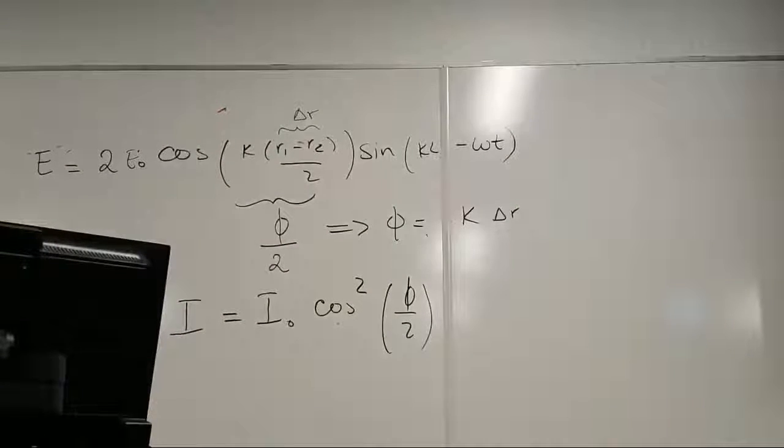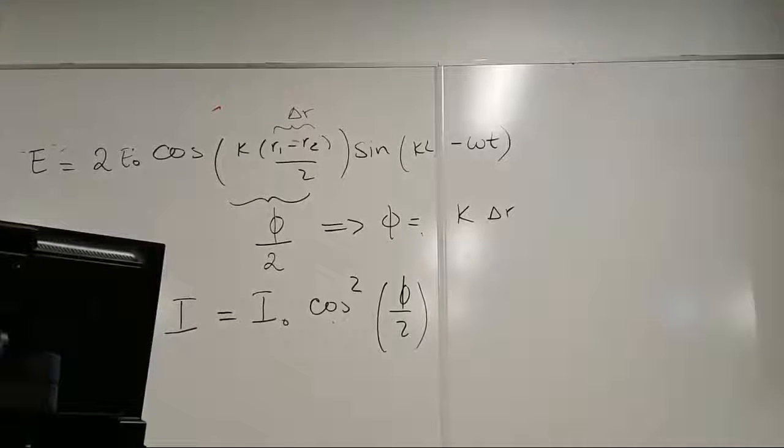So I equals I0 cosine squared of phi over 2, right? And phi is equal to k delta l, right? So what should phi over 2 be to get a maximum intensity?